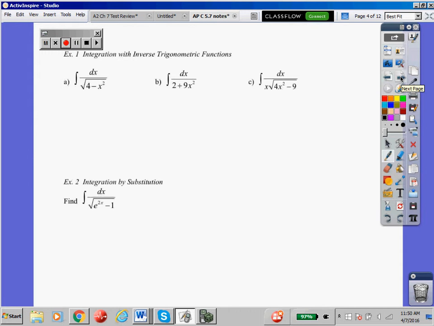So look at letter A. I want to integrate dx over the square root of 4 minus x squared. Here's what I strongly recommend that you do. A is 2 and u is the x. So we're going to rewrite this now. On this one, I'm not going to change it to the u because it is just the x.